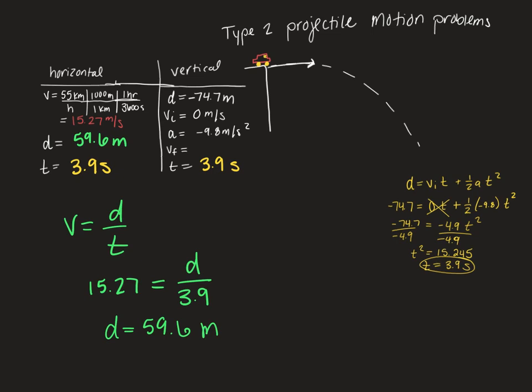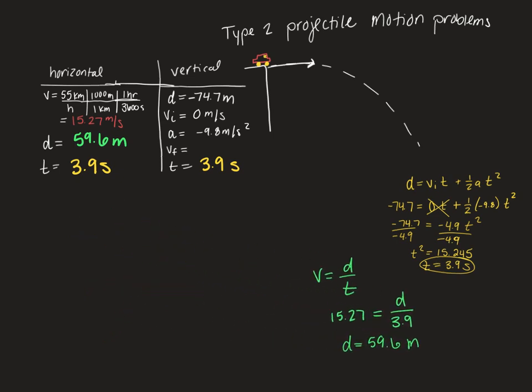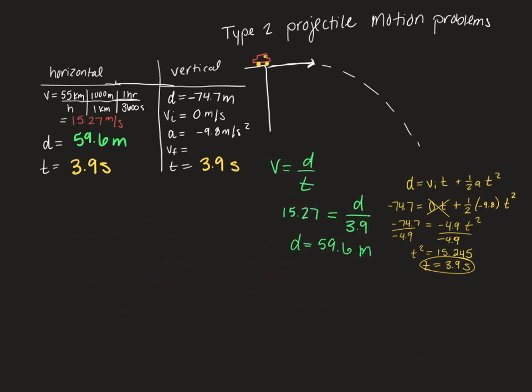And then what is the last thing we have to solve for? VF. You can use the top one for that, can't you? VF equals VI plus AT. You can.